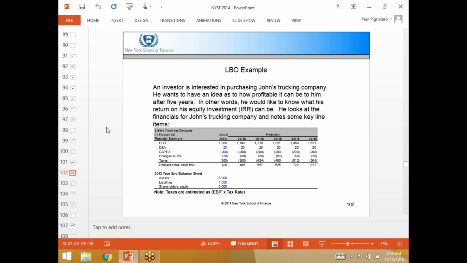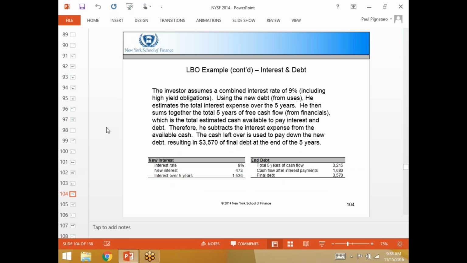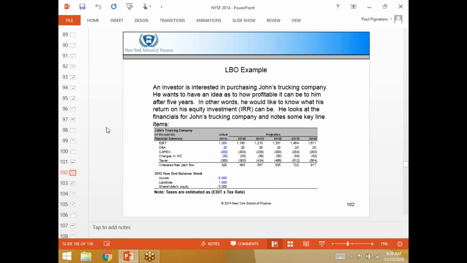That's how much we owe. And what do we do with that? Subtract the cash flows. If you add up all the cash flows, you'll get 3215. 1, 2, 3, 4, 5. Just the 5 years of cash flow. So we got the debt plus the interest in 5 years minus the cash that we have to pay.